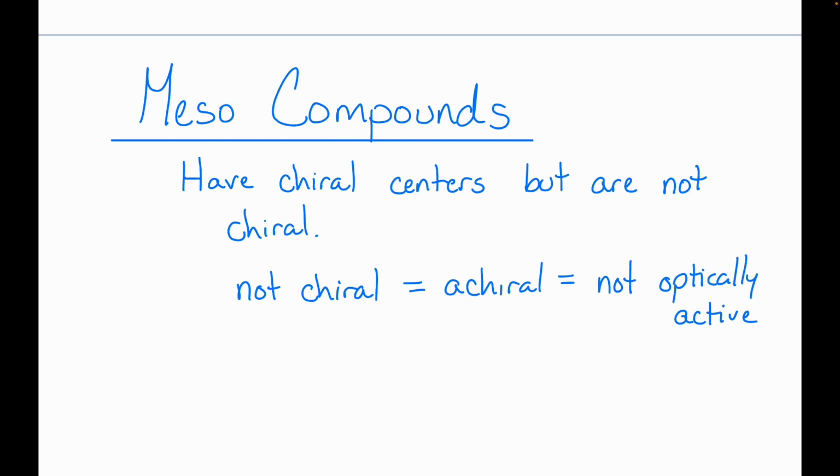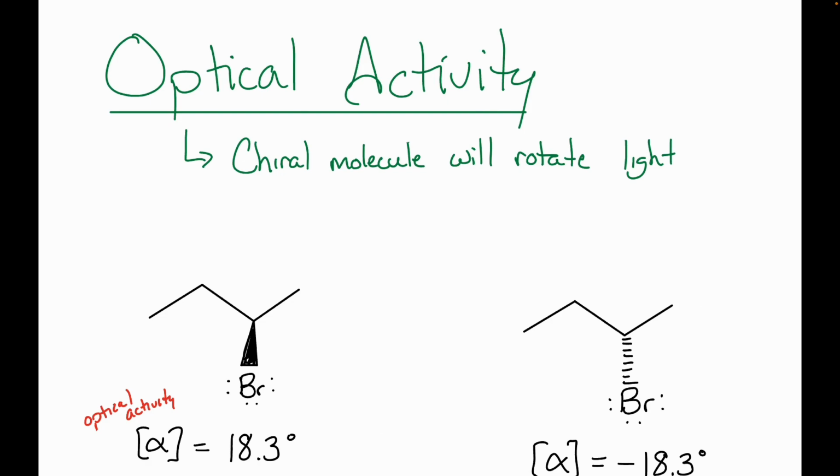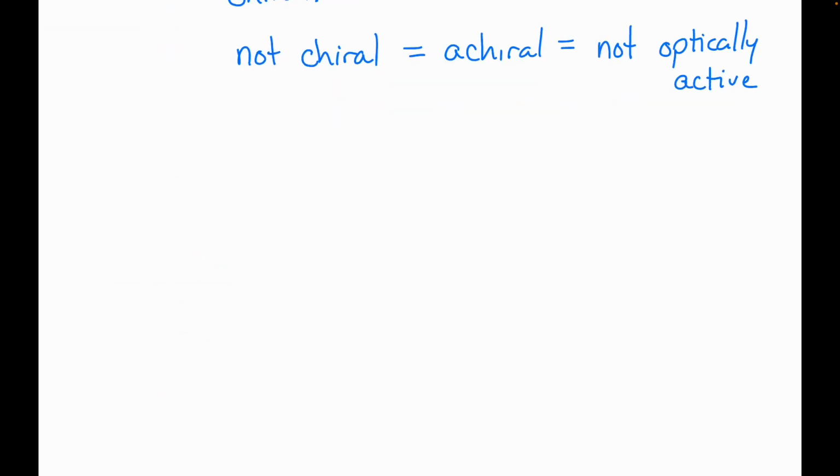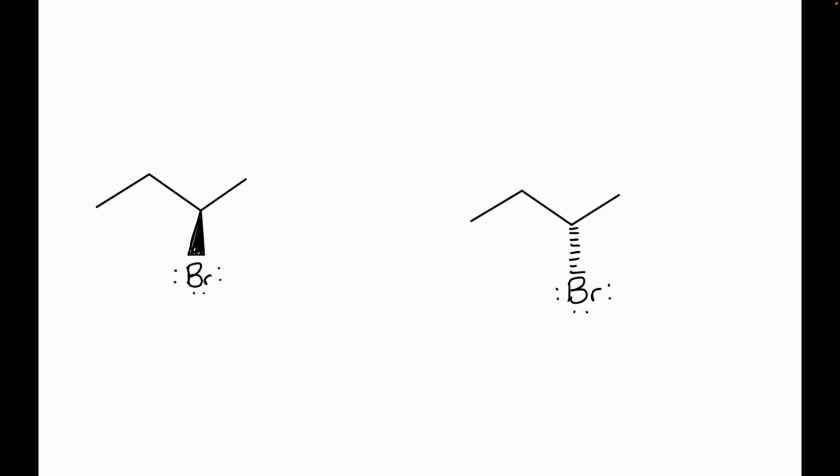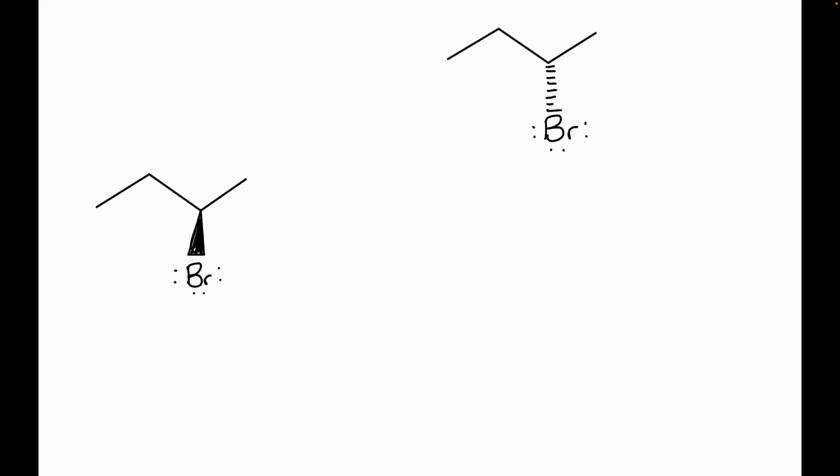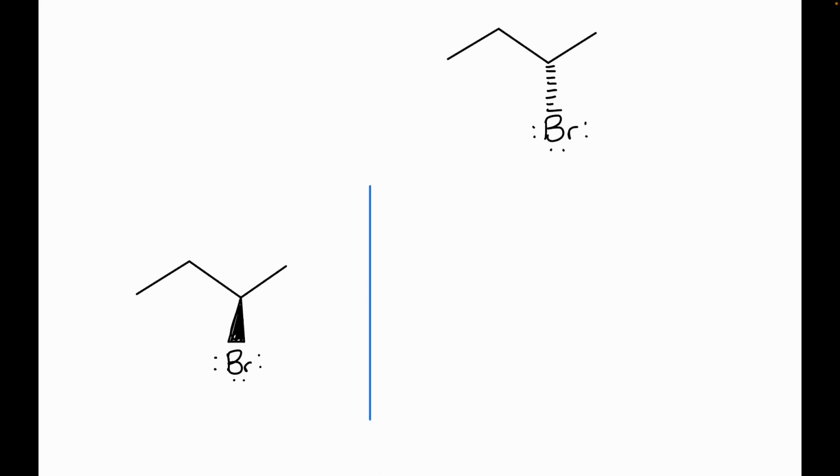All right, so let me show you an example, but let me make a point real quick. When I drew these two enantiomers, I used this little trick of just taking my dashes and converting them to wedges, or vice versa. That's how we can draw the mirror image of a molecule pretty easily. It's a little bit more work, but we can also draw its mirror image by putting a mirror here and drawing its reflection.